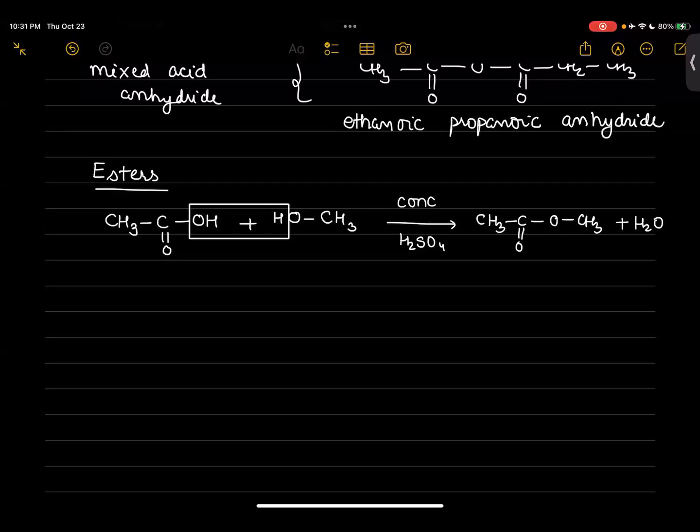So carboxylic acid, when heated with alcohols in the presence of a few drops of concentrated H2SO4, you get a compound having fruity smell, and those are known as esters. Got it? Clear or not? Yes.